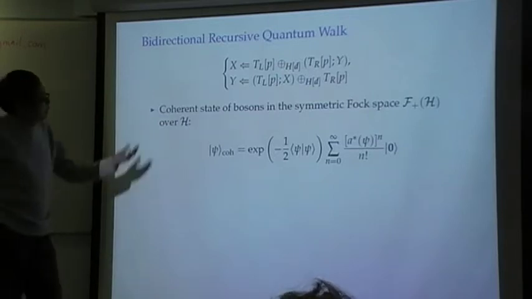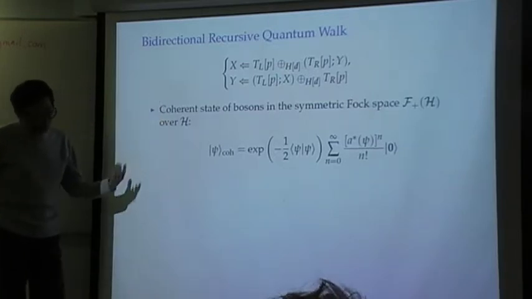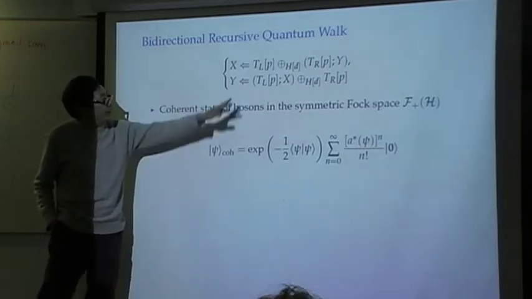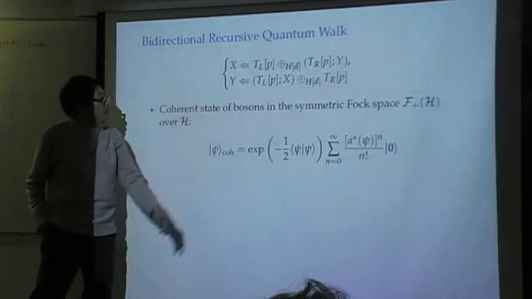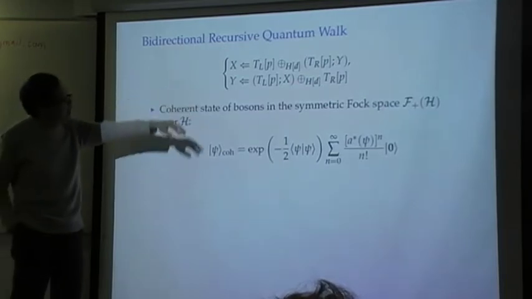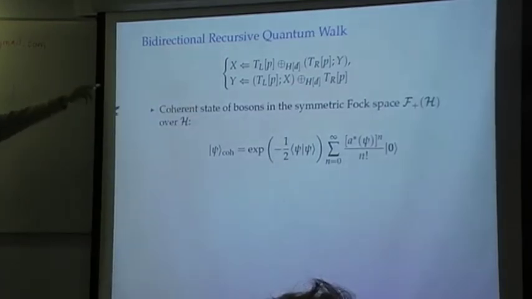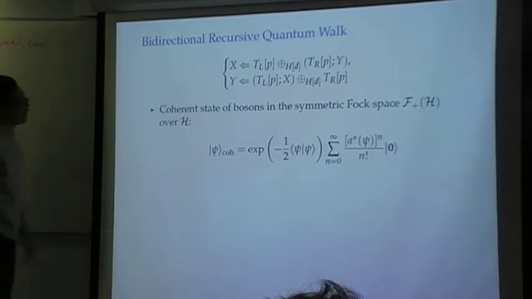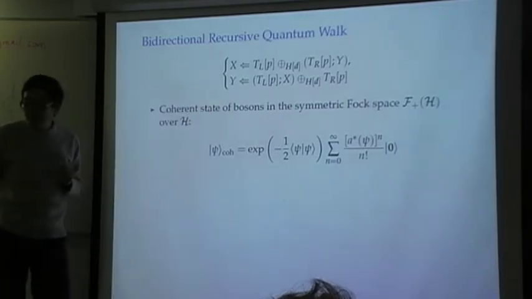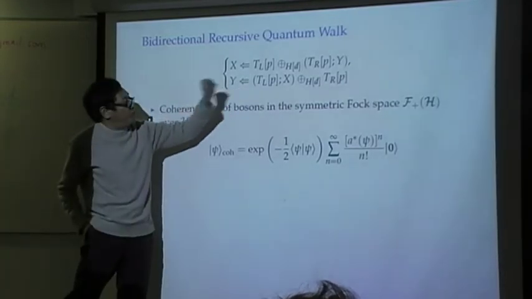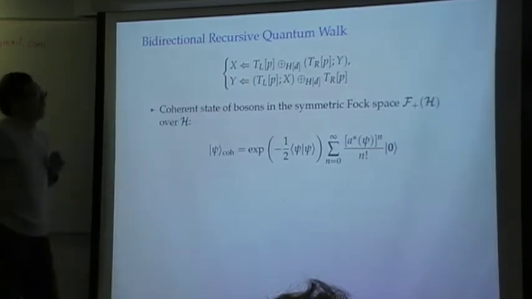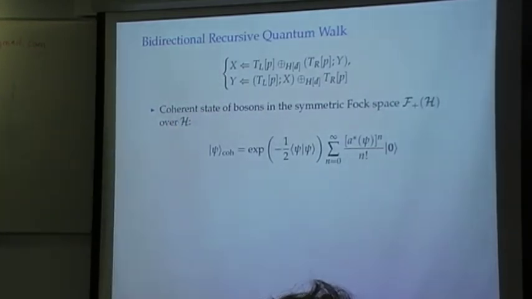Now this walk is recursive for the program X, which is specified as the quantum choice of T_L P and T_R P followed by Y, using this coin-posing operator H_D. And Y is the quantum choice of T_L P followed by X and T_R P, again using this coin-posing operator H_D.